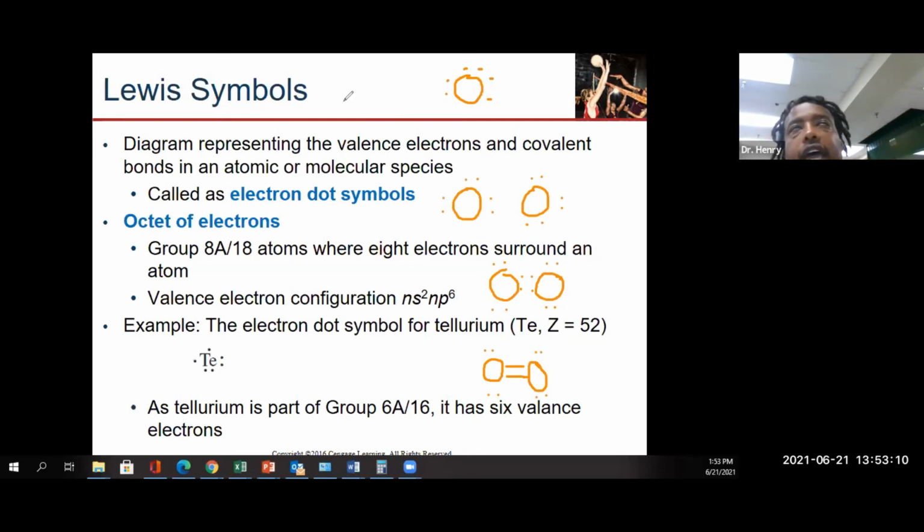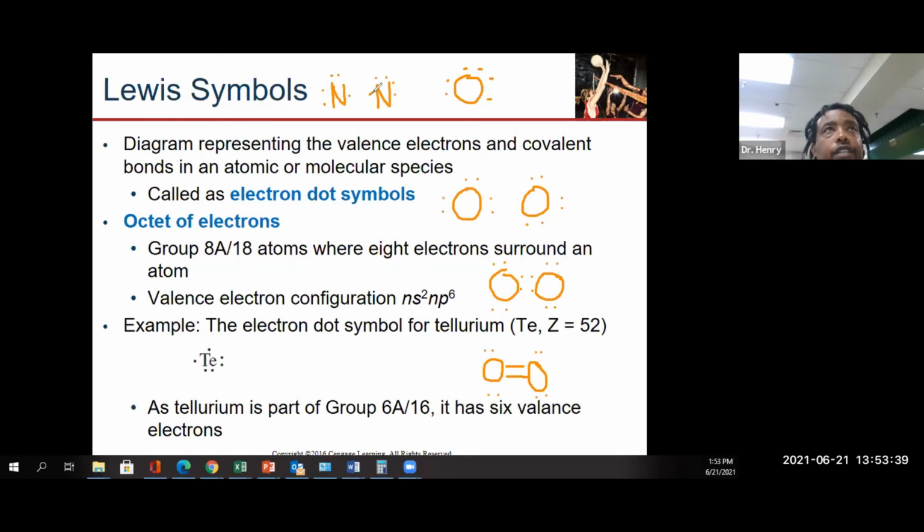Okay, so let's say I have nitrogen and nitrogen. How many valence electrons does each of the nitrogens have? 5. 1, 2, 3, 4, 5. 1, 2, 3, 4, 5.